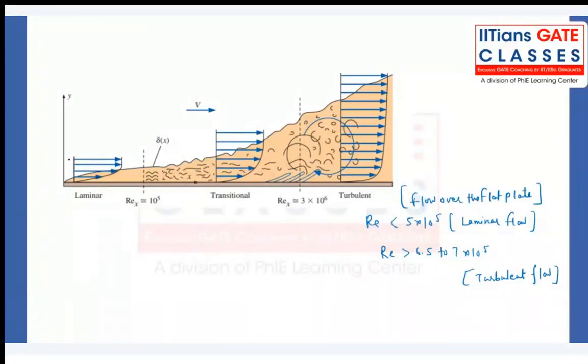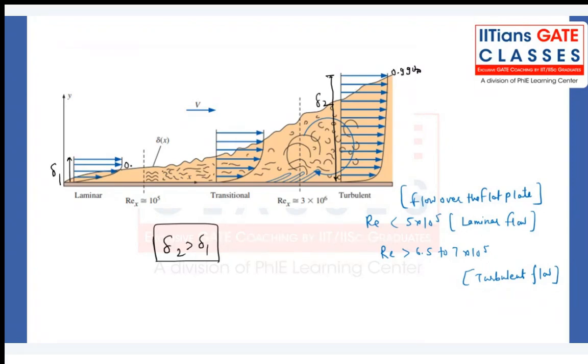And as you can see, delta 1 and delta 2. Delta 2 is more than delta 1. Why is it so? In turbulent flow, even though there is high intermixing and a lot of momentum transfer, why is it taking much time to grow or to achieve the free stream condition?